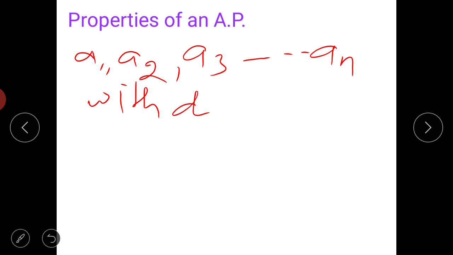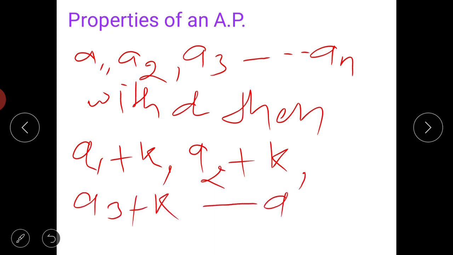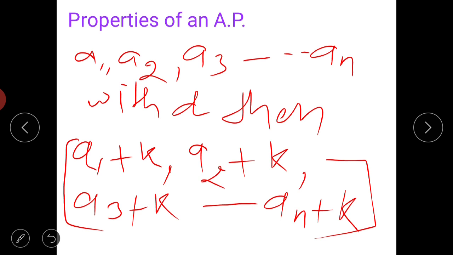The first property says that if you add any constant to each term, suppose k is the constant, then we get a1 plus k, a2 plus k, a3 plus k up to an plus k.